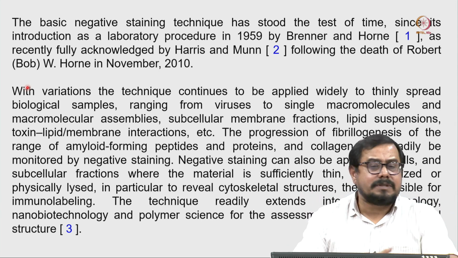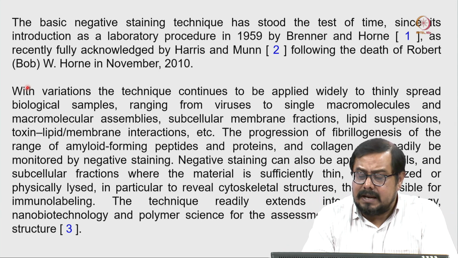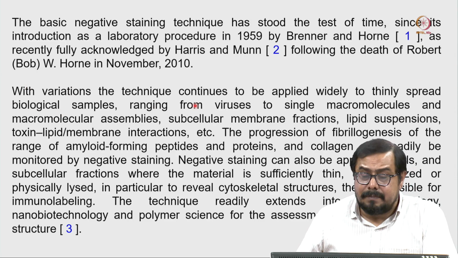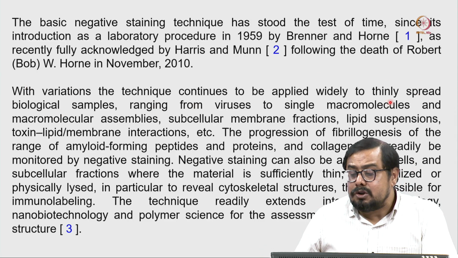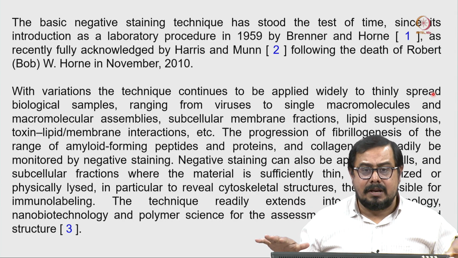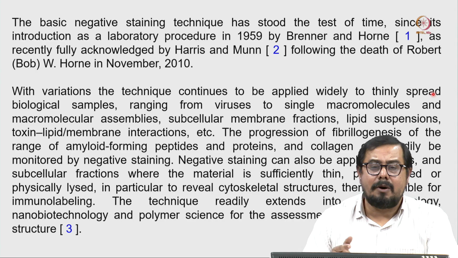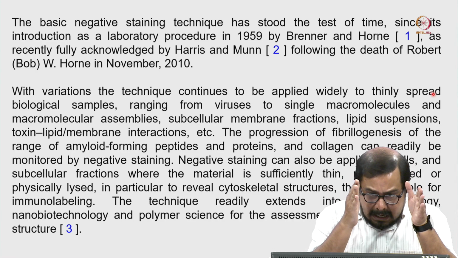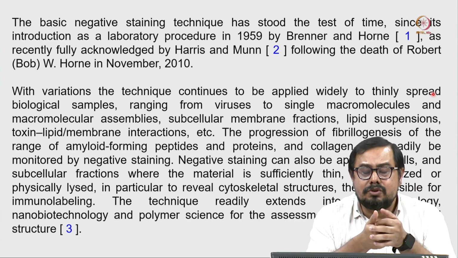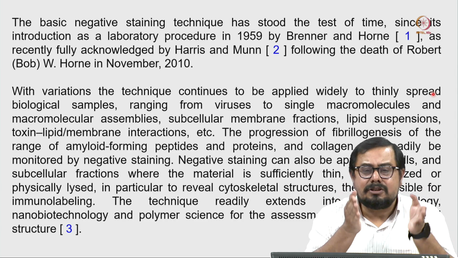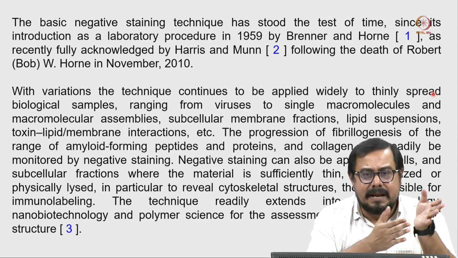Now, what kind of sample can we visualize by negative staining TEM? Any kind of biological sample we can image, but it should be thinly spread on top of the grid. If you remember, last class I was talking about a procedure where we can use normal room temperature TEM or cryo-EM when the thickness of the sample is below 250 nanometer.